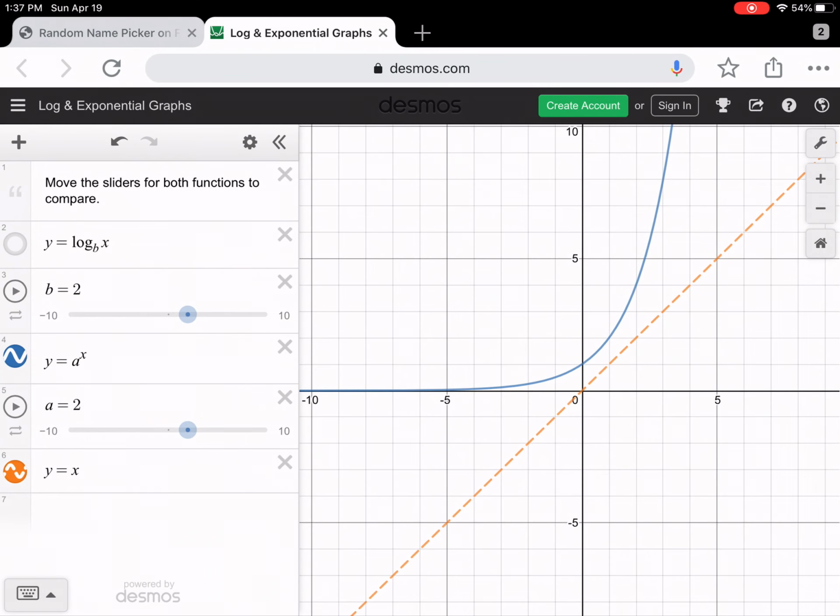Logarithmic graphs. If it's the inverse, it's going to flip over that y equals x line, and it'll look like that. So there's the log graph when b, in our case, is 2. They have the same base for us. And what you're going to notice is a couple things.